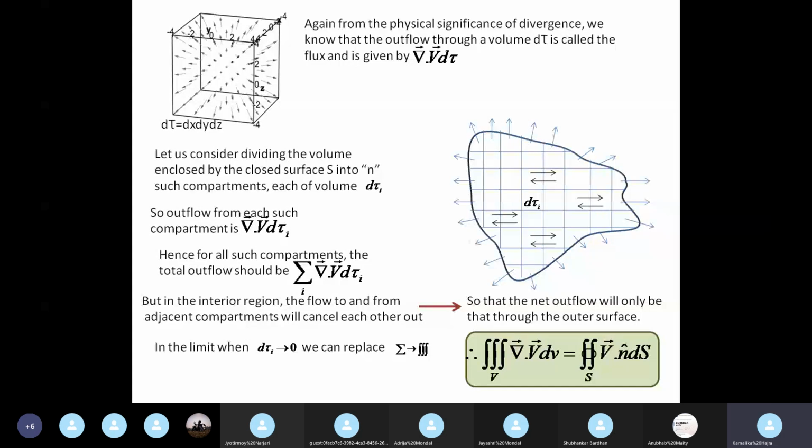Okay, so I hope if you go through these two slides very minutely, and if you replay the recording if required, then you will be able to understand. At this point, does anyone have any question regarding this? Because after this I'll switch over to the problem of divergence theorem.